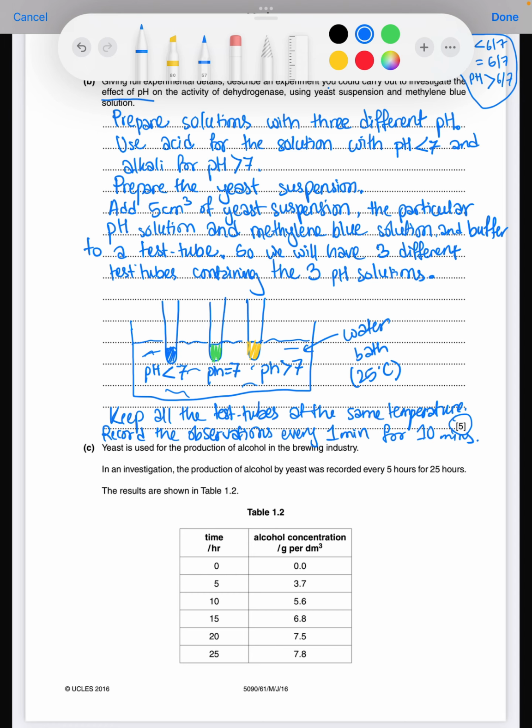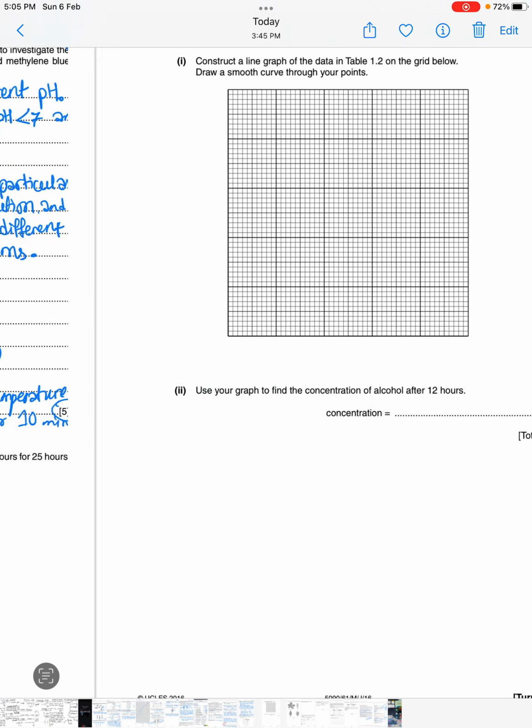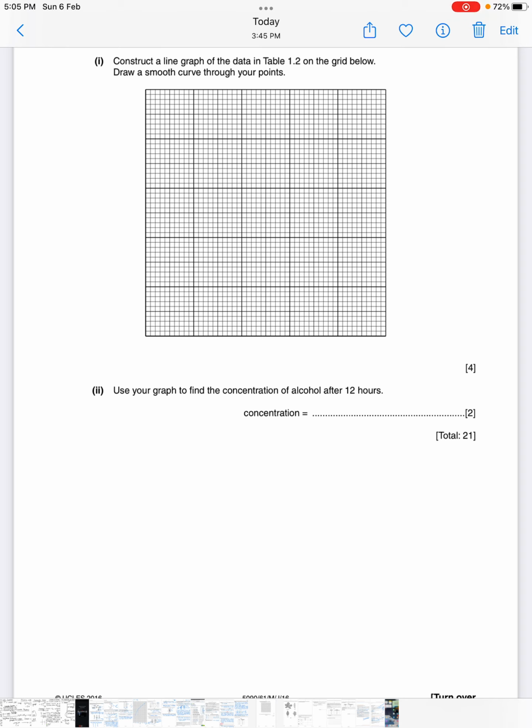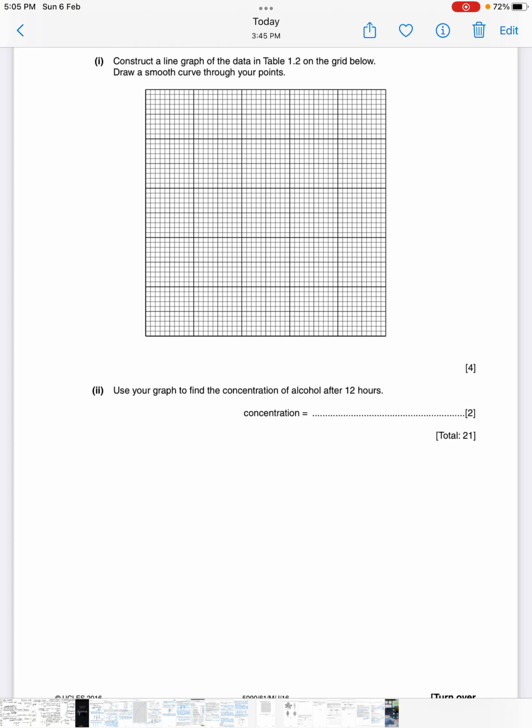Okay? All right, let's look at the question on the next page. So here we have to construct a line graph of the data in table 1.2 on the grid below and draw a smooth curve through the points.